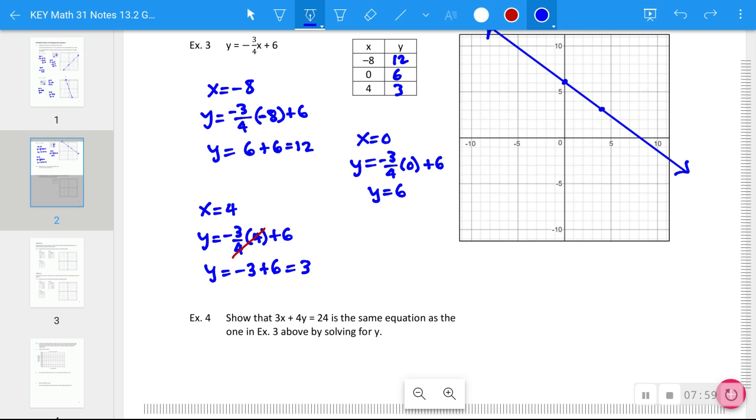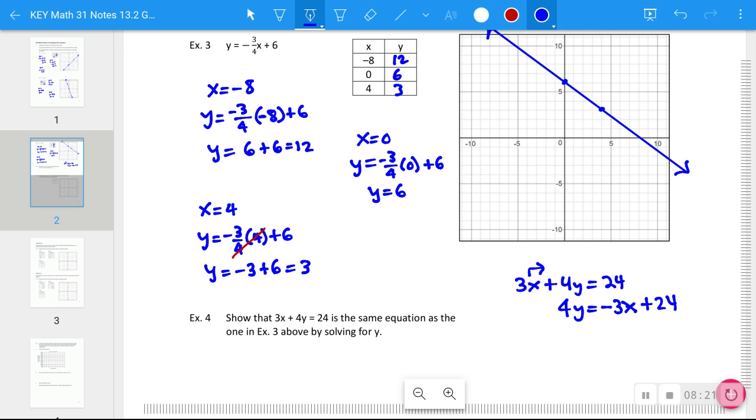So let's start out with 3x plus 4y equals 24. And we're going to subtract 3x from both sides. It's as if it goes over to the other side and changes signs. So this is what we end up after that step is done.